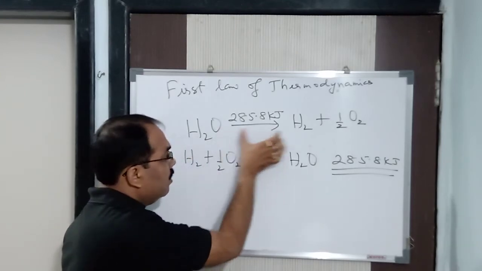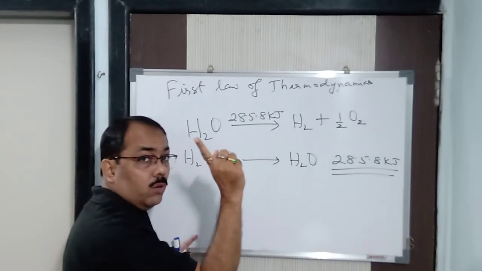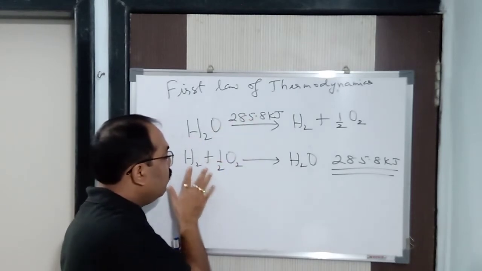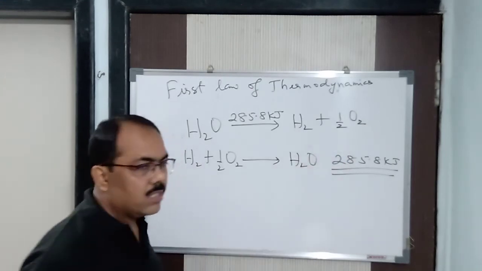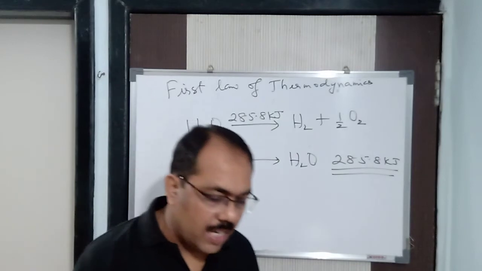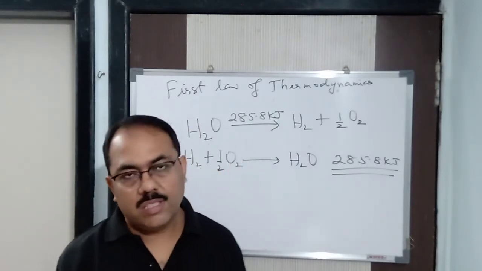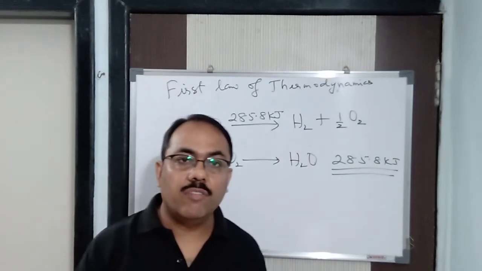When 1 mole of water decomposes, it requires this much energy. When hydrogen and oxygen combine to form water, this much energy is released. So it is verified that total energy remains constant. Only it can be converted from one form to another form.